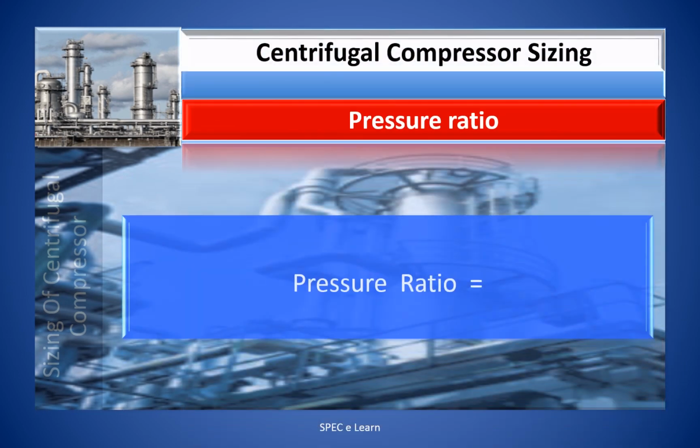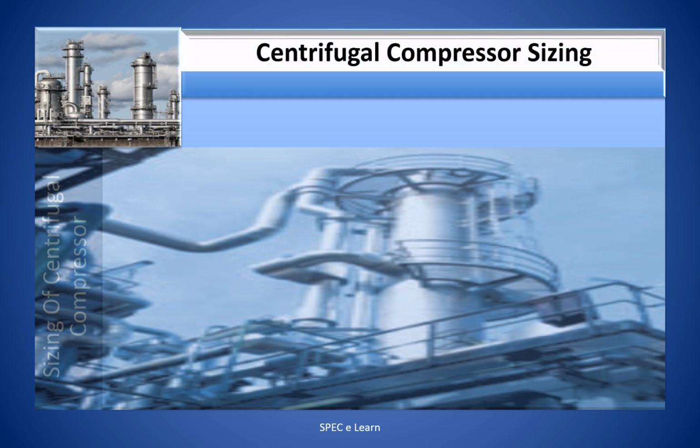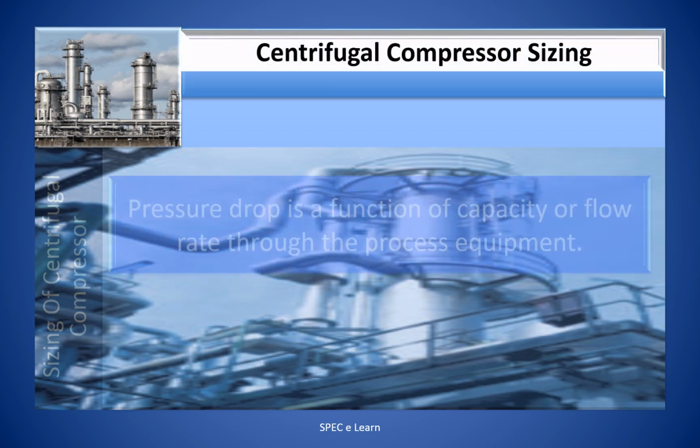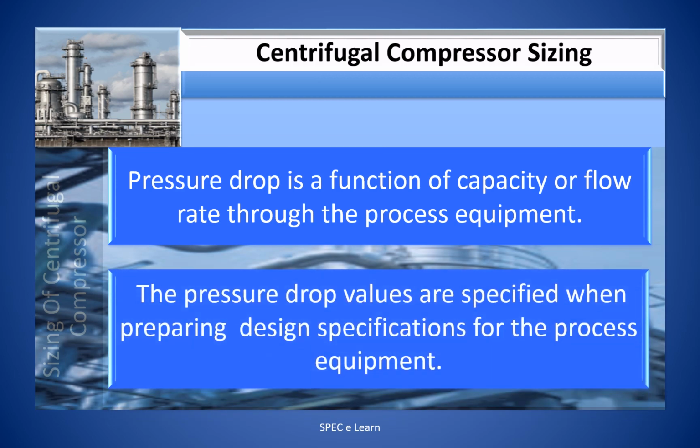So what is the pressure ratio now? The pressure ratio is P2 by P1, which equals P1 plus delta PS divided by P1. The pressure drop is a function of the capacity or flow rate through the process equipment. The pressure drop values are specified when preparing design specification for the process equipment.